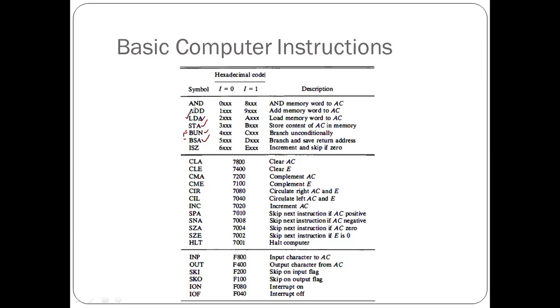Earlier, with load or store or logical and or arithmetic add operations, the 12 bits available in the instruction refer to data. So the data will be loaded into the data register and the operation is carried out. But in branching or branch and save address, the 12 bits refer to the memory that holds the program.